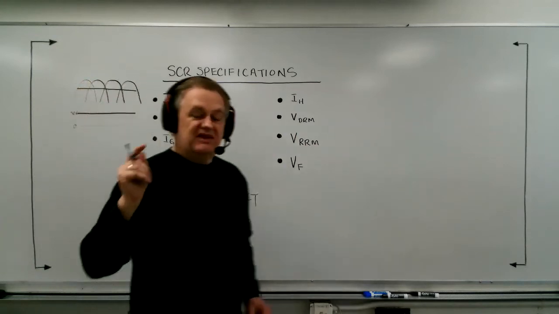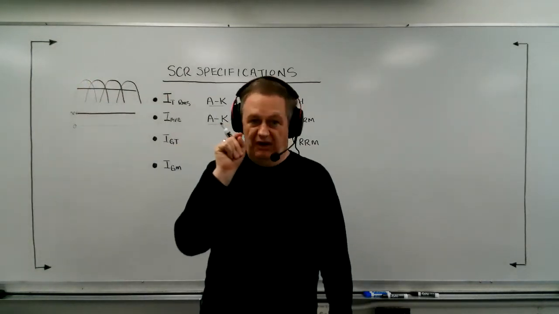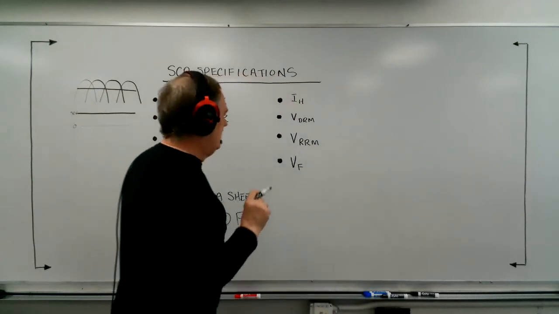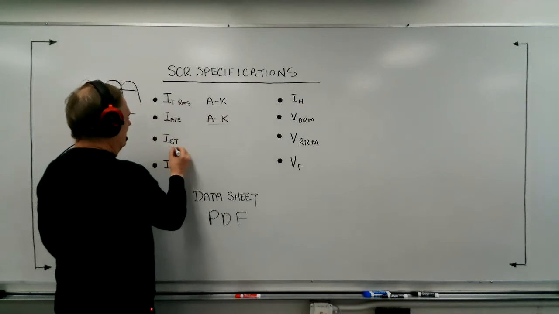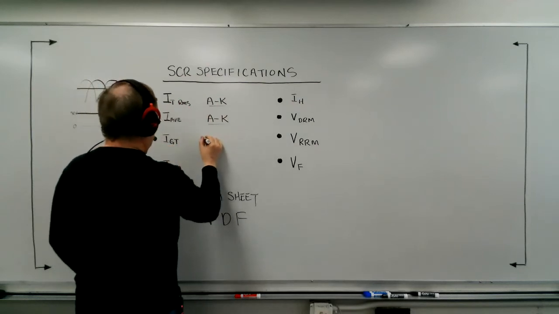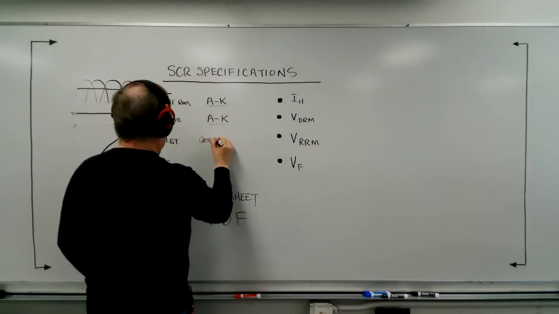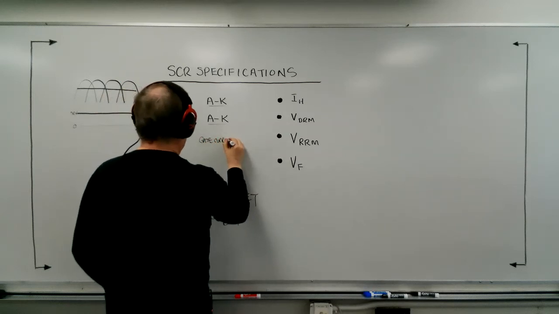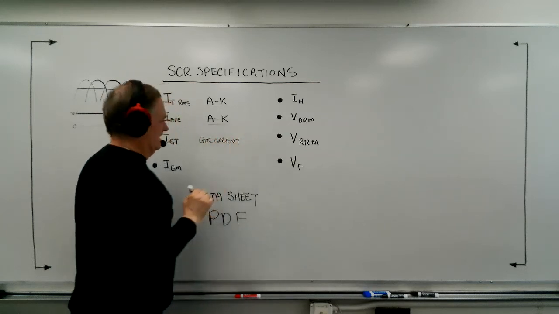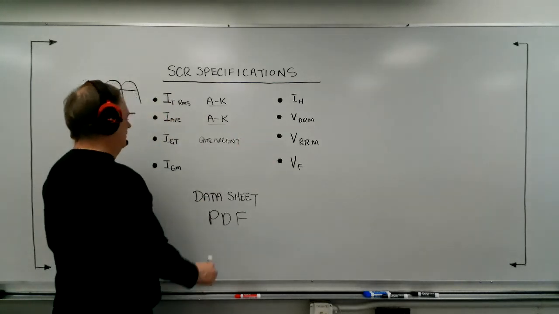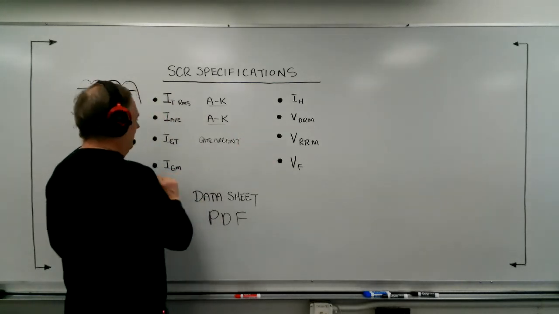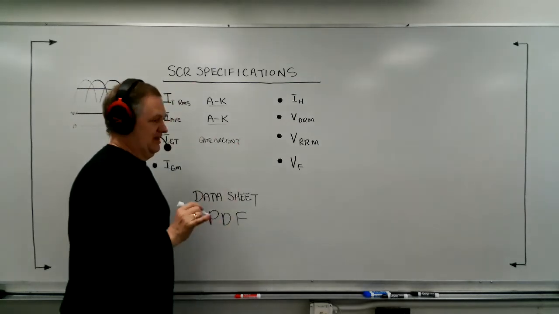Now, the amount of gate current, so the amount of pulse current that has to go in order to successfully turn the SCR on is called IGT, or gate current. Usually this is measured in milliamps, okay? And in some applications even less. IGM is the maximum gate current.